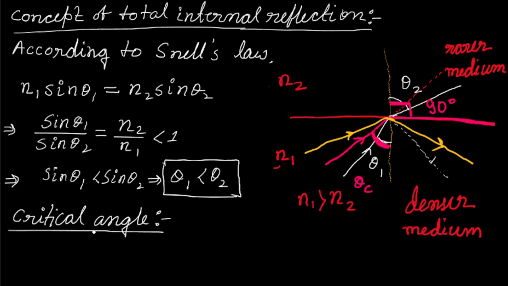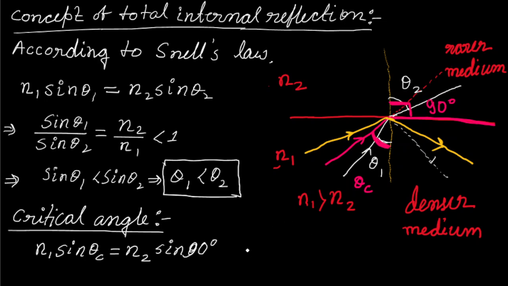So again, if we apply Snell's law at this point, we'll get N1 sine theta c equals N2 sine theta 2. But when light is incident at the critical angle, theta 2 will be 90 degrees, so we write N2 into sine 90 degrees.